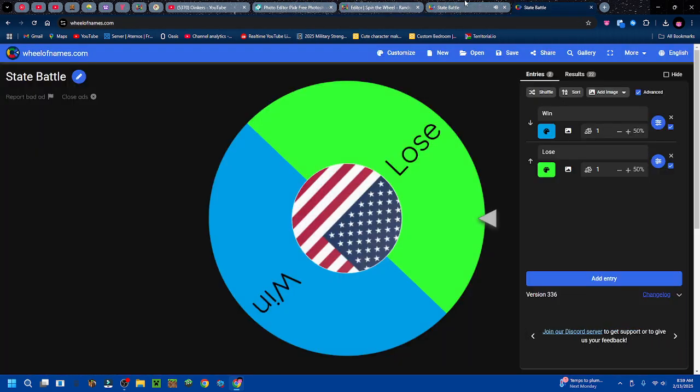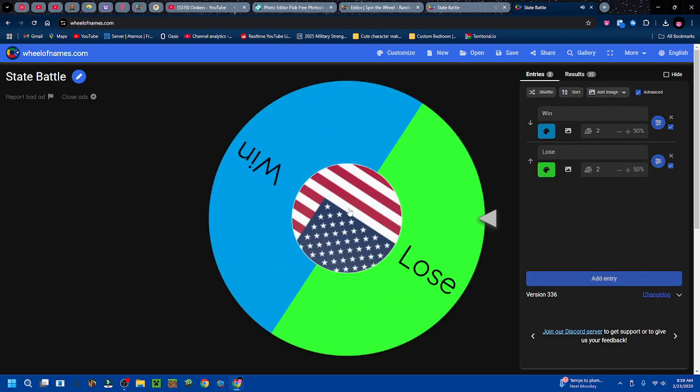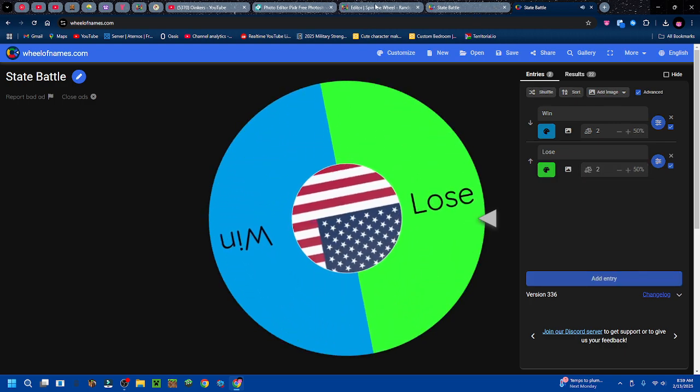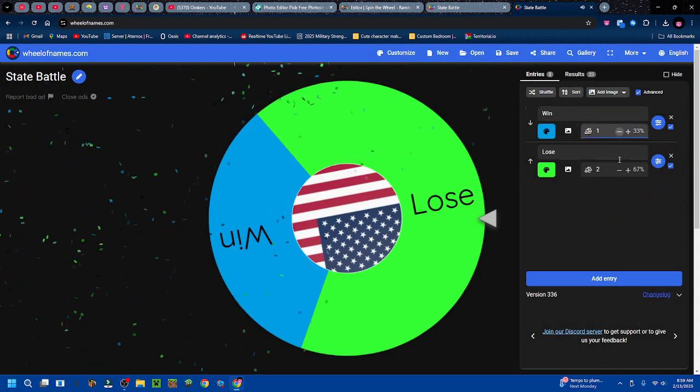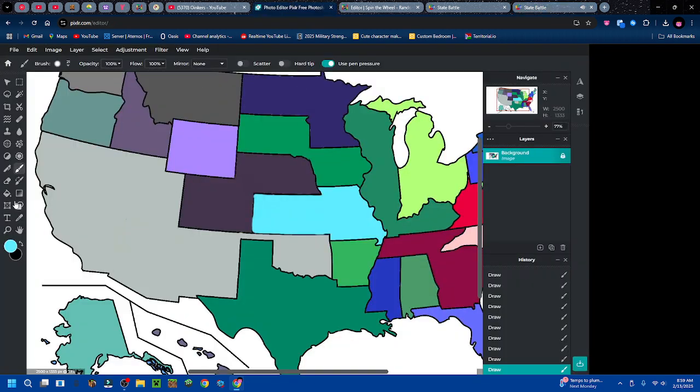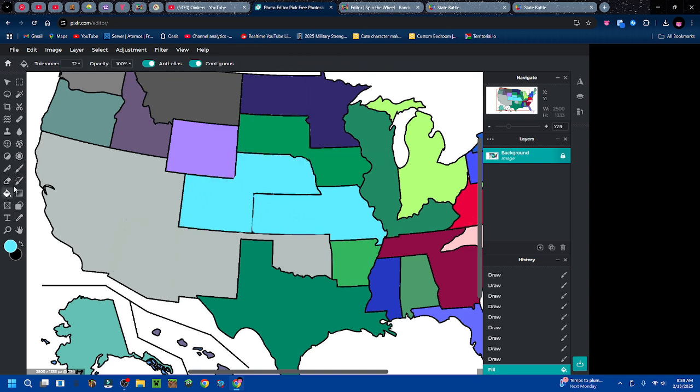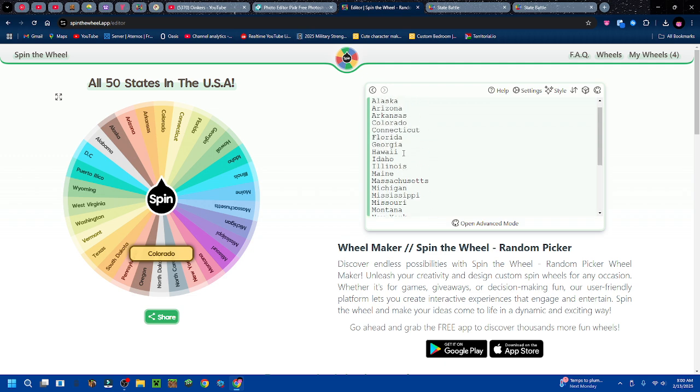Okay. So, they have a higher win chance, but so does Missouri, making it a stalemate in power. They're going to lose to Missouri by a landslide. And they're going to be taken over by Missouri. Bam! Here we go. Let's just remove Colorado from the wheel. Bam.